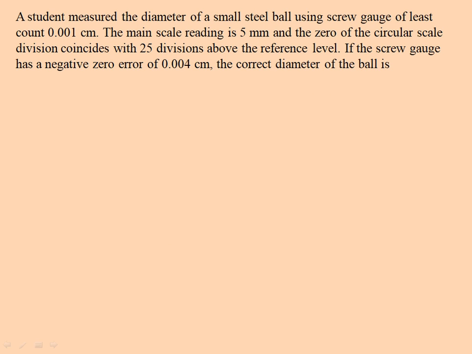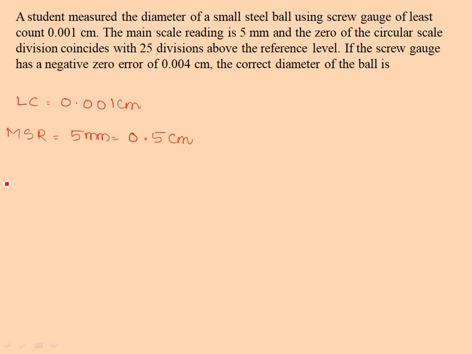The next question is like this. A student measured the diameter of a small steel ball using a screw gauge of least count. The least count of the screw gauge is given as 0.001 centimeter. The main scale reading is 5 mm. MSR value is given as 5 mm, or I can write like this, 0.5 centimeter.